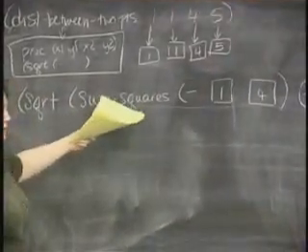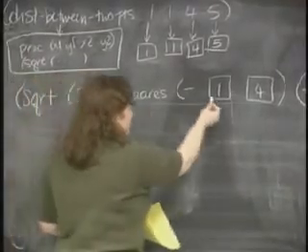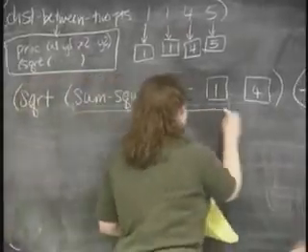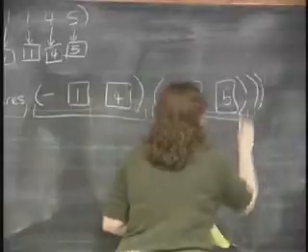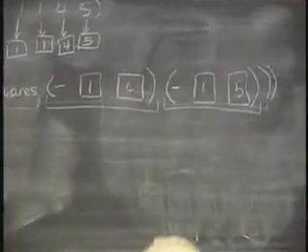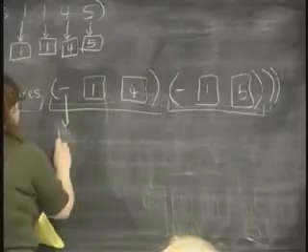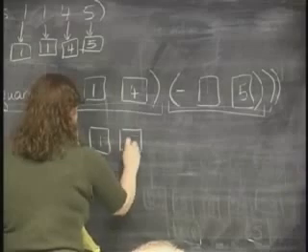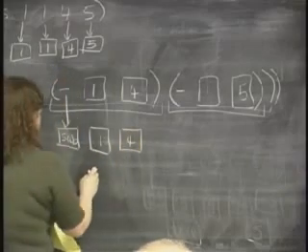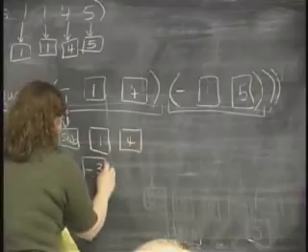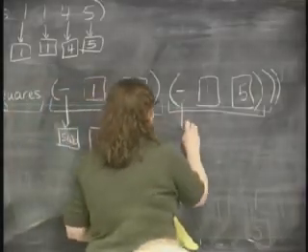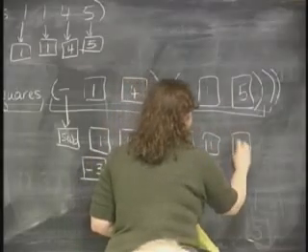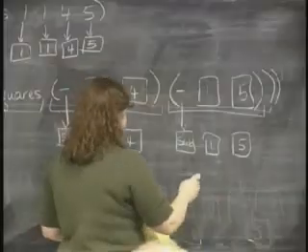To evaluate this sub-expression, we're going to evaluate its sub-expressions. There are 3 of those: sum squares, minus 1 4, and minus 1 5. Any order. Subtract 1 and 4, giving us minus 3. We're going to subtract 1 and 5, giving us minus 4.